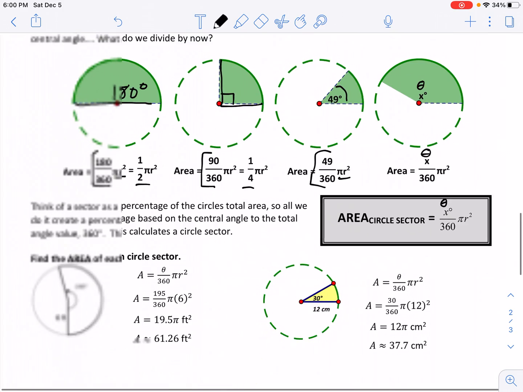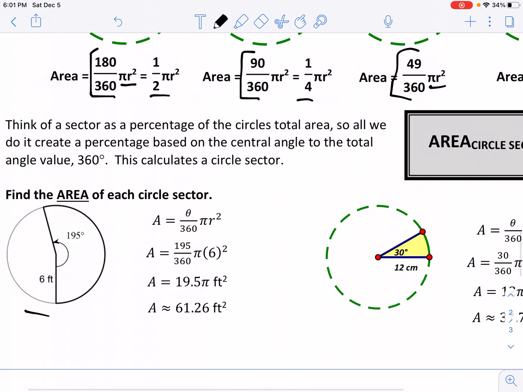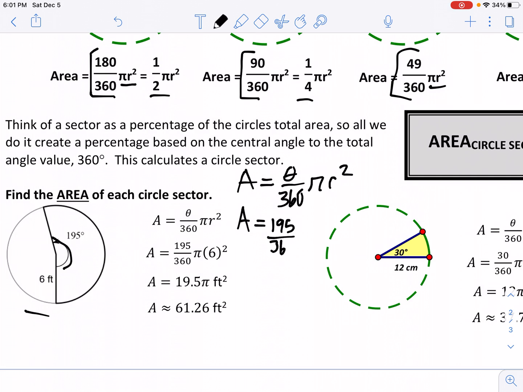With that in mind, let's look at finding the area of this one here. So area is going to be theta, that central angle, that portion of the circle we're talking about, divided by 360 times pi r squared. So our central angle in this case is 195 divided by 360 times pi r squared.